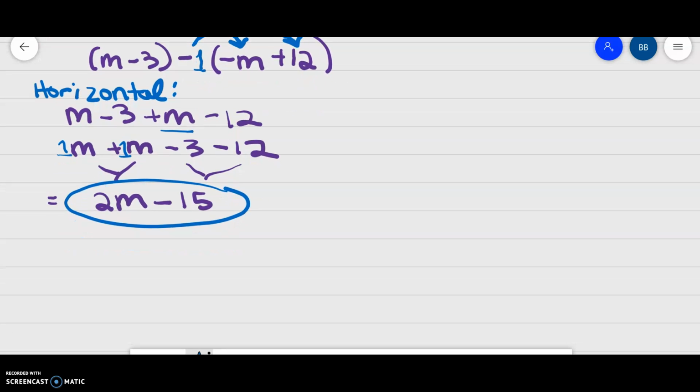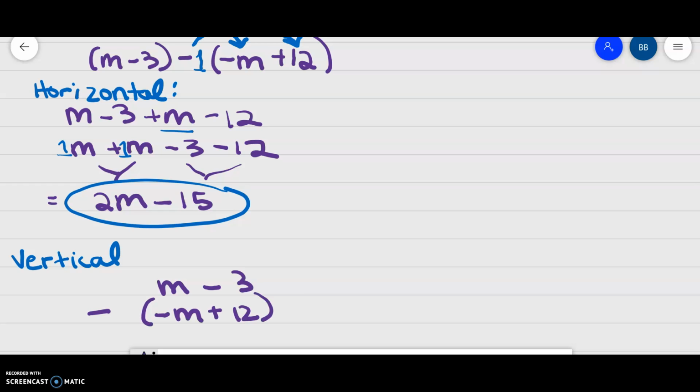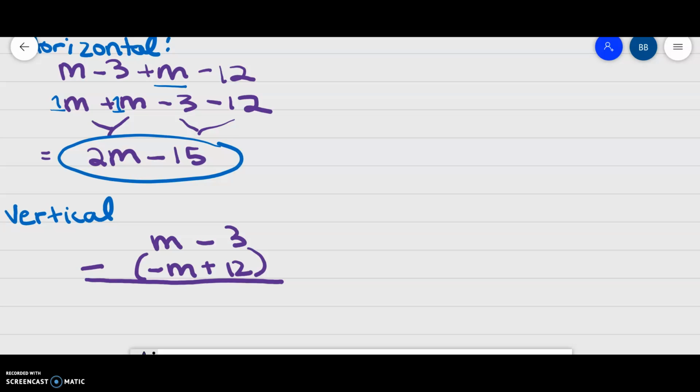So let's do vertical. If we have m minus 3, and then we're subtracting negative m plus 12, I can line those up vertically, and I might rewrite this as m minus 3, because subtracting a negative m is the same thing as adding a positive, so I might write it as plus m, and then subtracting a positive 12 is the same thing as just going minus 12.